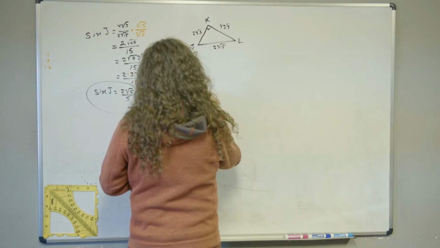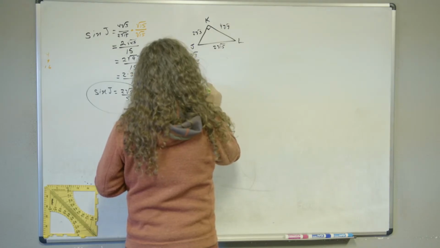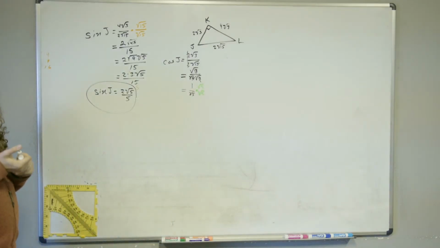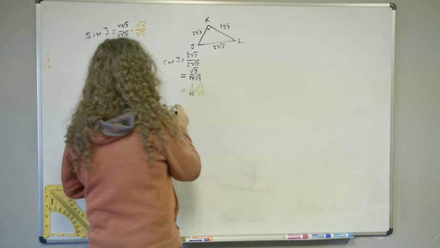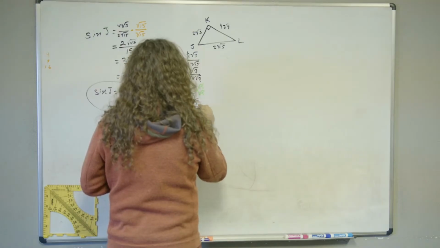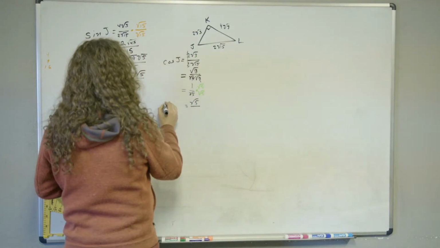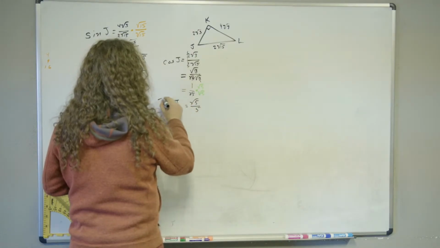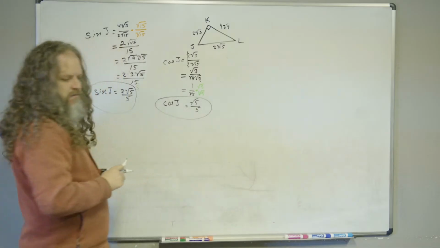So times the square root of 5 over the square root of 5. Well, the square root of 5 times 1 is the square root of 5. What's the square root of 5 times the square root of 5? 5. Cosine of j is square root of 5 over 5.